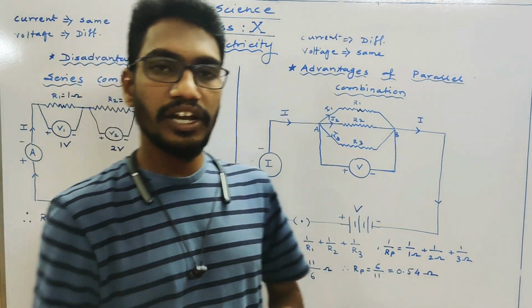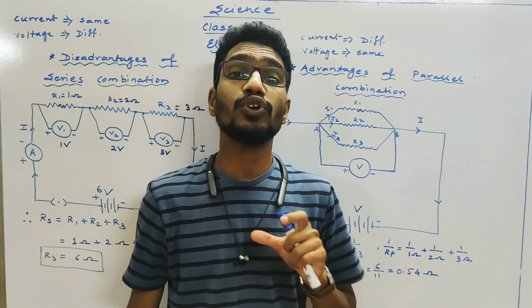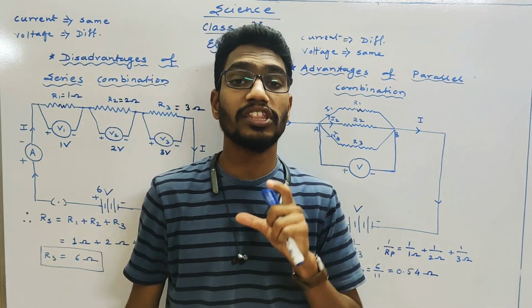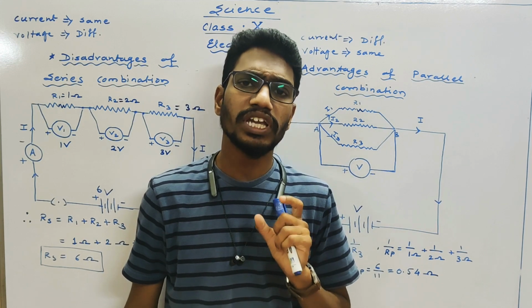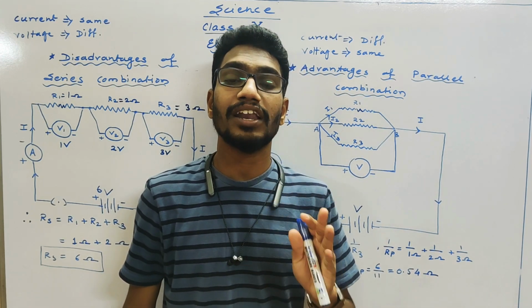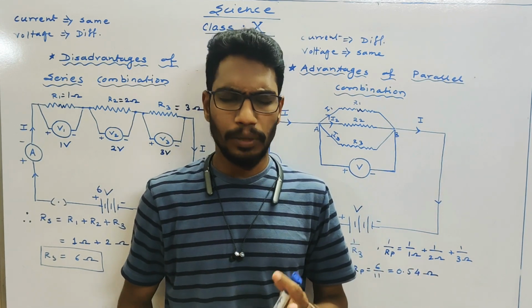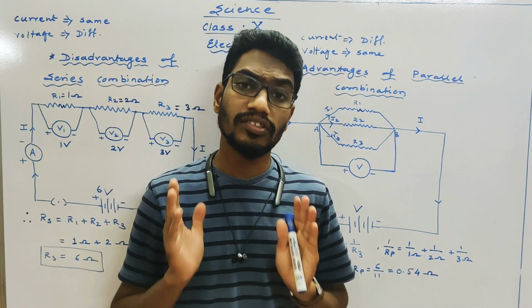Means in our India, the MSEB provides us the voltage of 220 volt in one phase. 220 volt. आपके घर में कितना voltage आता है? 220 volt. So that 220 volt is for all the appliances connected in parallel combination in the domestic circuit at your home. So everyone, bulb, fan, fridge, heater, everyone is getting the same voltage.